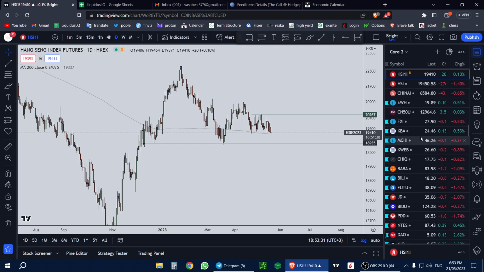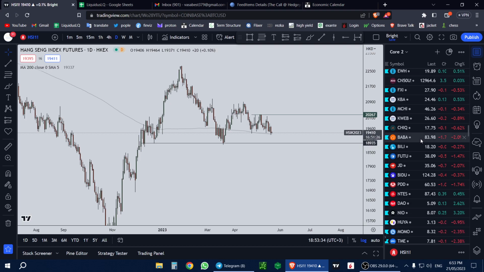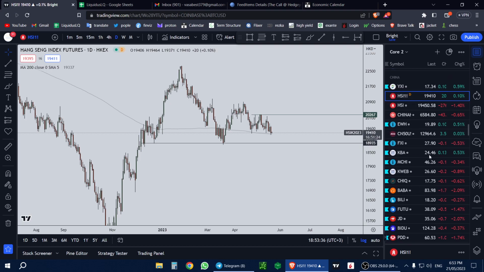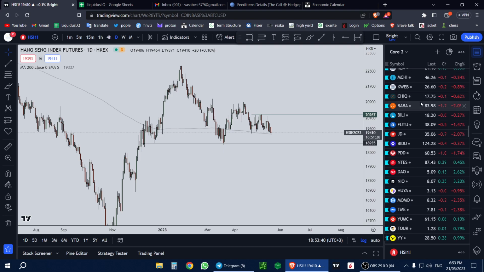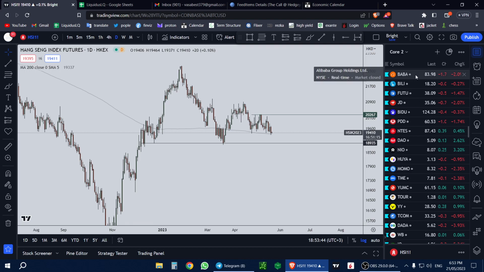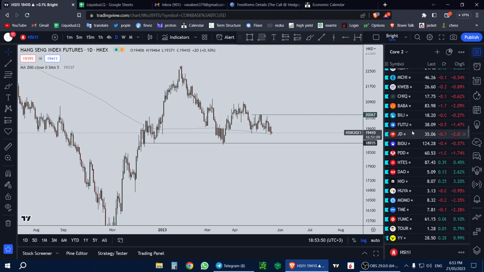And if you look under the hood of these indices, the biggest names in the HSI and the FXI are Alibaba, TME, Baidu, and JD. They account for 20% of the index, if I'm not mistaken.